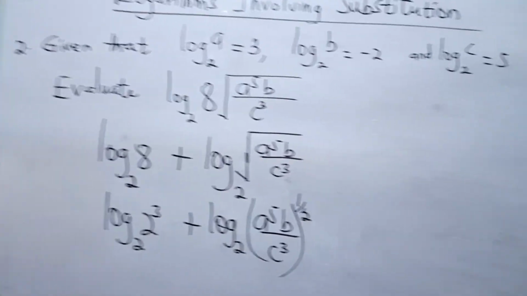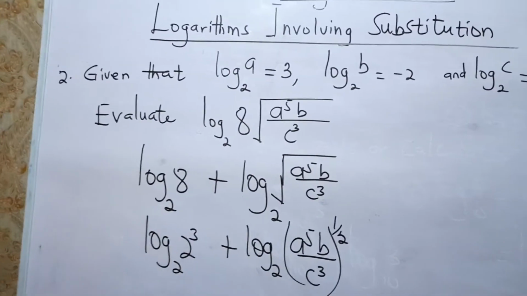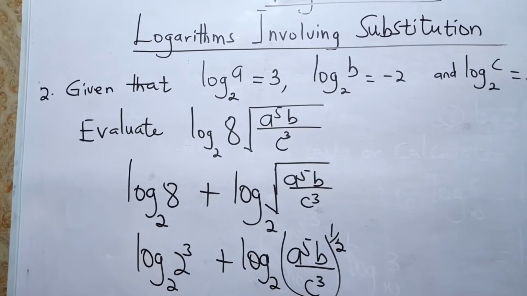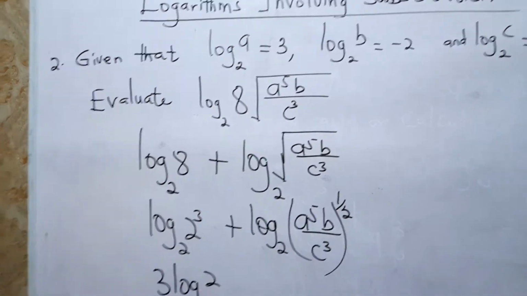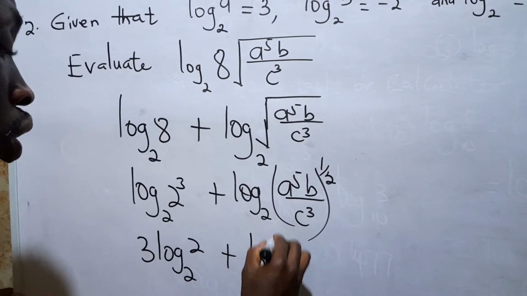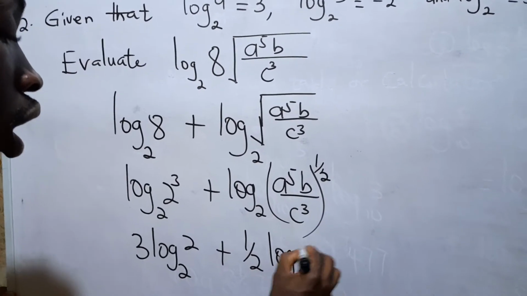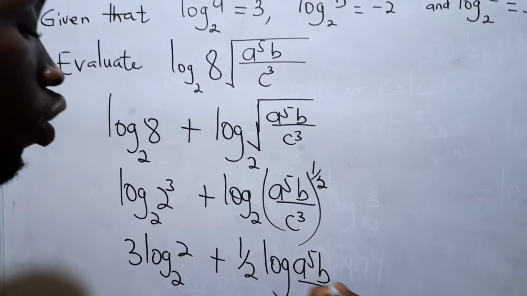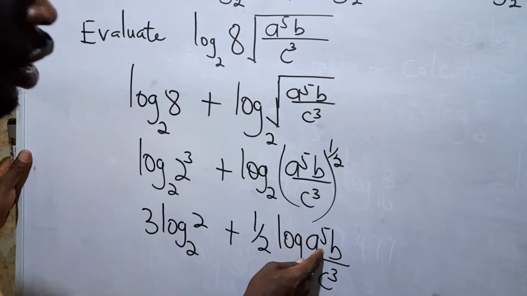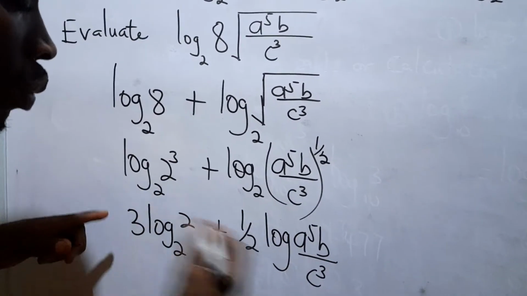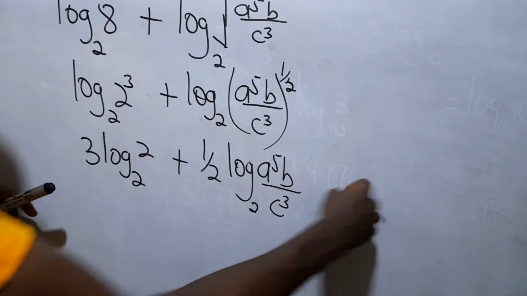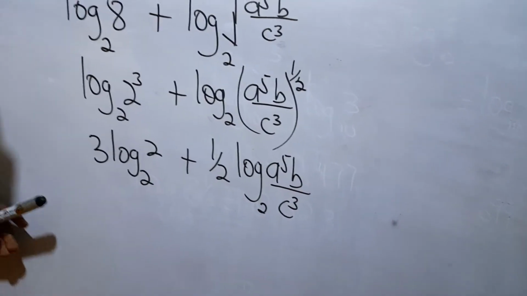So we apply the third law now and drop the exponent. So this will be 3 log 2 base 2, then plus half log a exponent 5b over c cube. Now look at this. This and this is multiplying with the same base 2, so we can add, and this is dividing, so we can subtract, using the second and the third law.